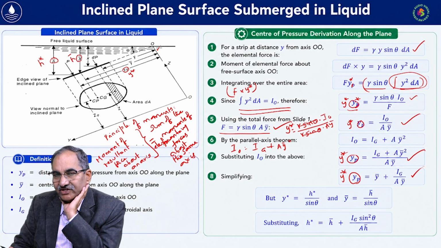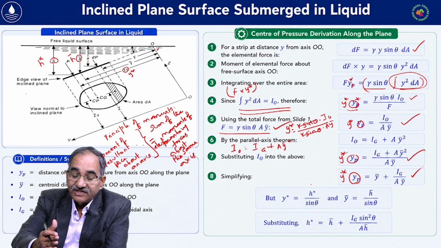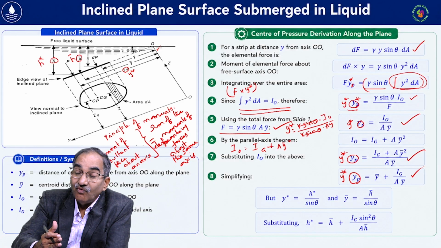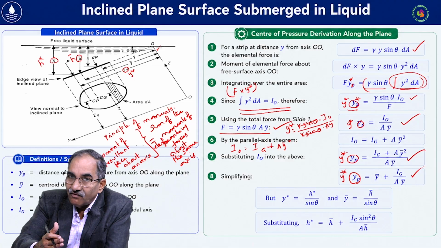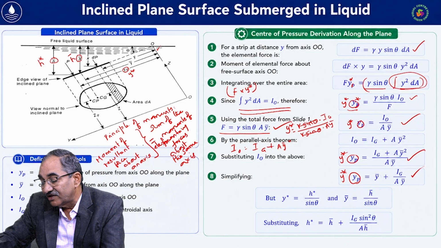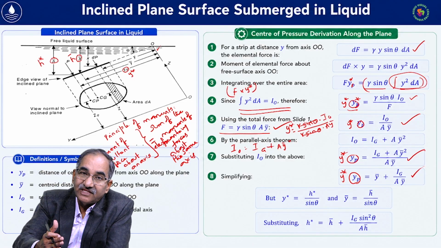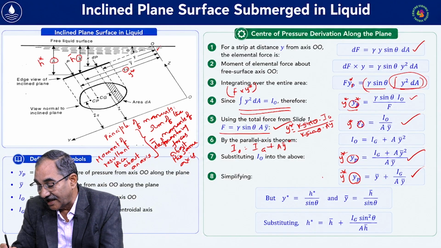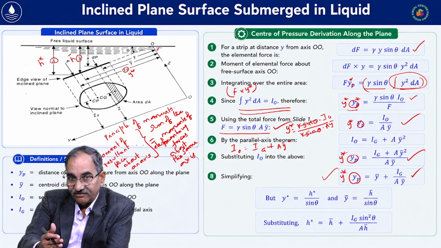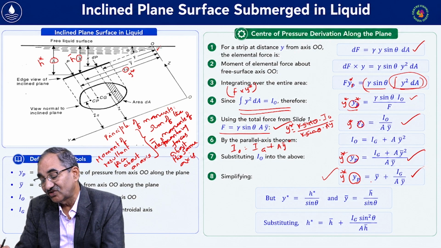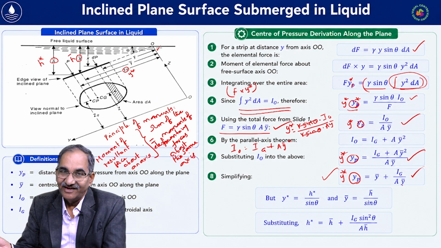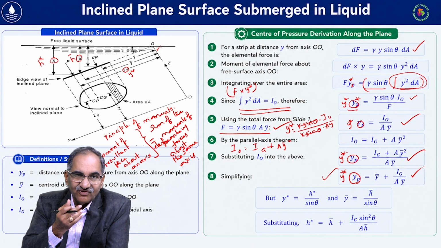All the derivation I have done till now is with respect to the imaginary free surface OO. The original free surface is not considered. When I have written everything in terms of y, it is with respect to the imaginary free surface. After completing the derivation as if it were a vertical plane surface, the previous derivation gave h star equal to h bar plus Ig by A h bar.